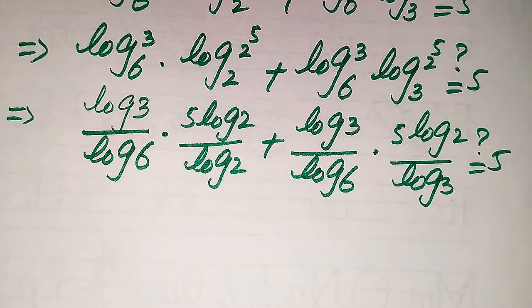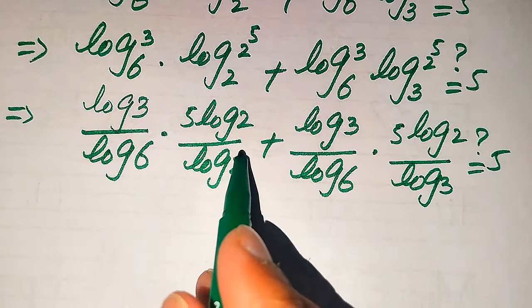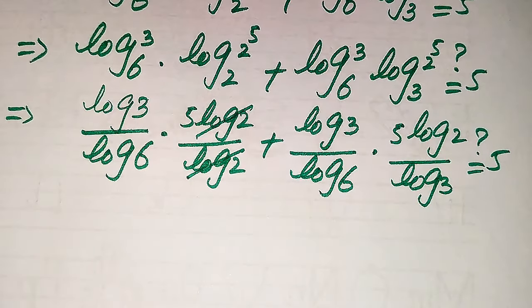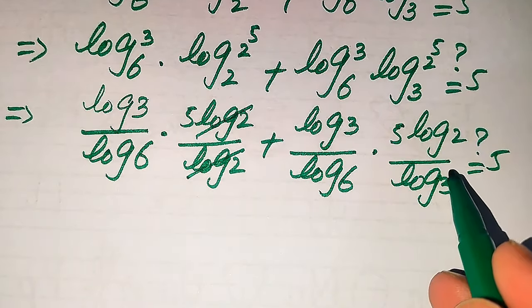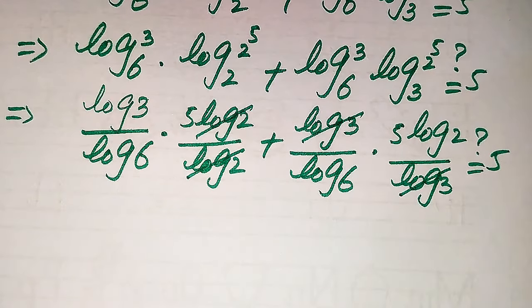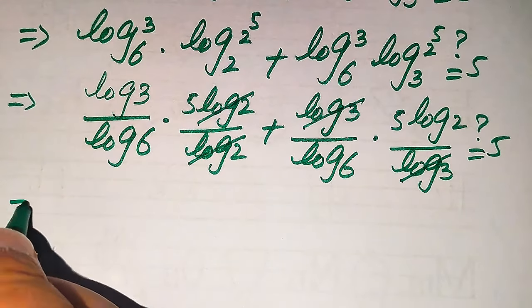Here we need a little bit of simplification, and you see that this log 2 and log 2 are cancelled out by each other. This log 3 and this log 3 are also cancelled out by each other.